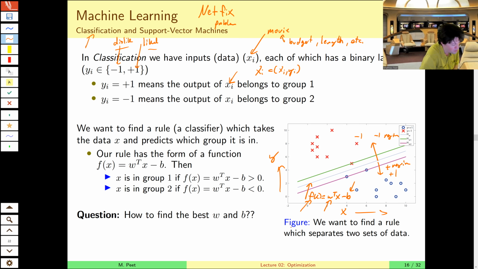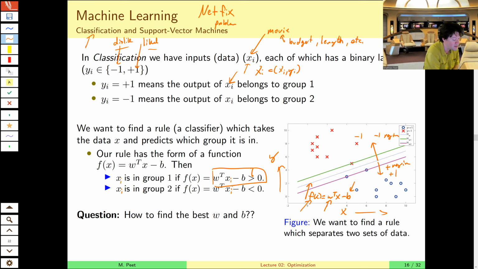I won't get into what support vector machines are, what the support vector is right now, but maybe we'll discuss it later. Anyway, we want to find a classifier which takes our data, the data we want to learn from, such that W transpose X minus B is greater than 0 for all the data points Xi in group 1, and the opposite if Xi is in group 2.